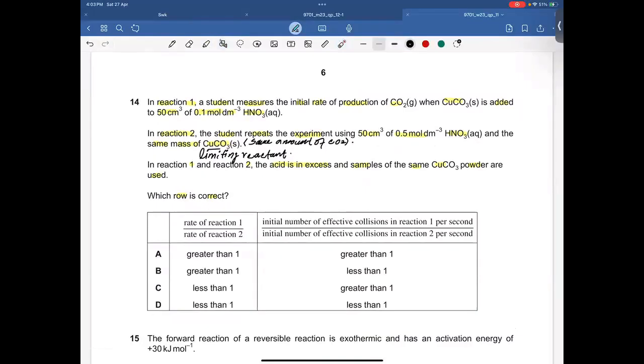Over here, we have lower concentration. If we have a lower concentration, obviously effective collisions in unit time decrease. So rate of reaction decreases.